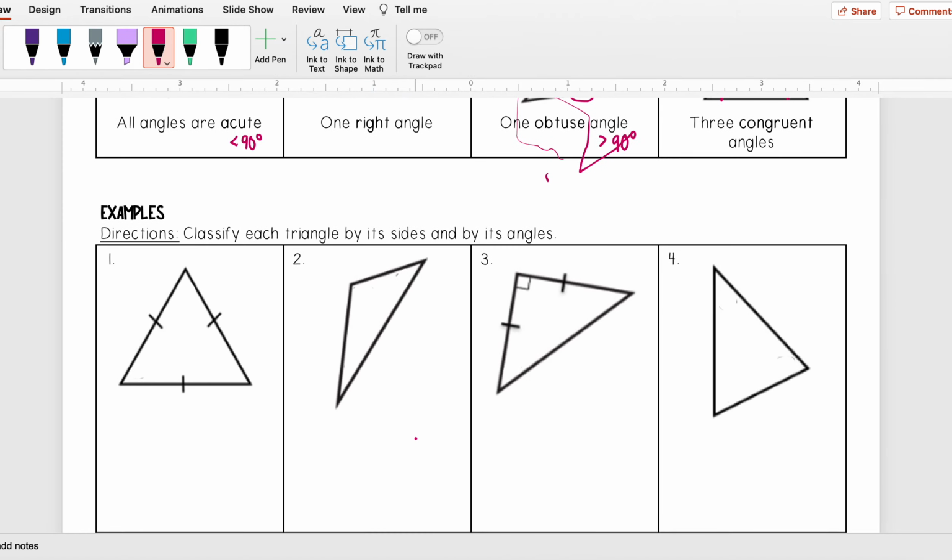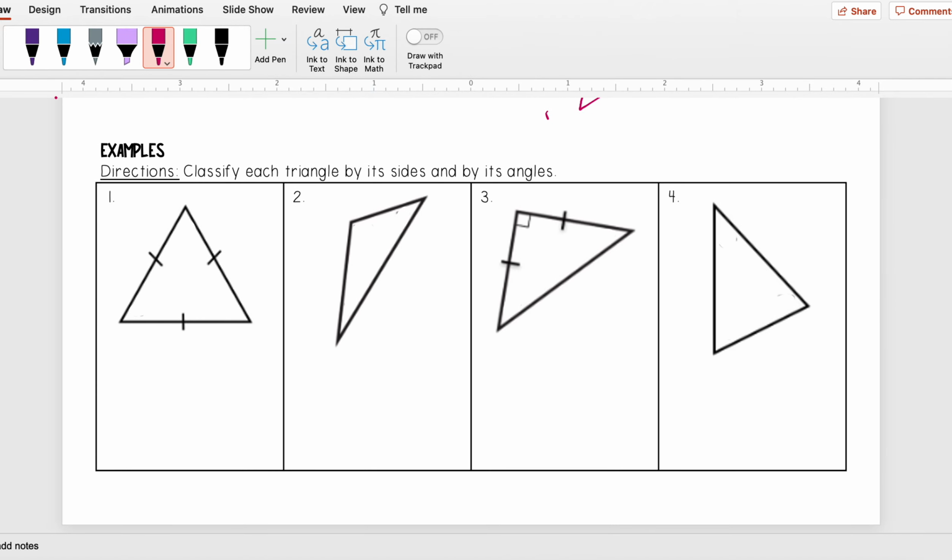So let's go through some examples of classifying. For these 4 triangles, I want to classify each triangle by its sides and by its angles. Looking at this first triangle, I want to first classify it by its sides. So I'm looking to see how many congruent sides it has. Well, I see with these tick marks that all of the sides are congruent.